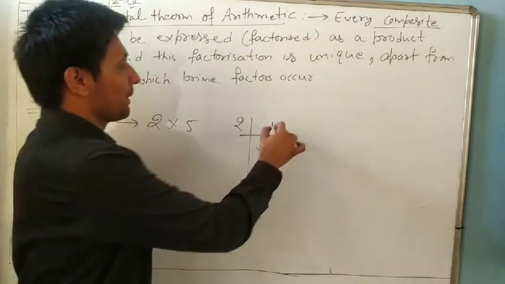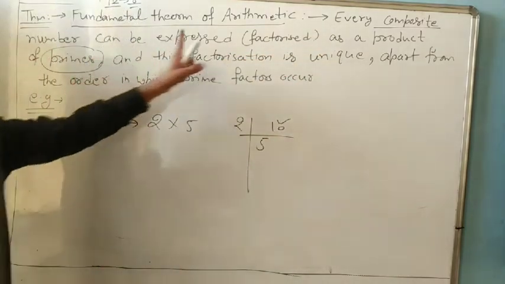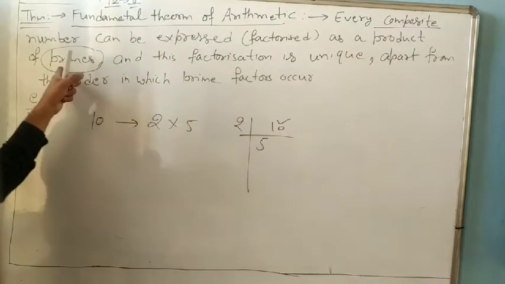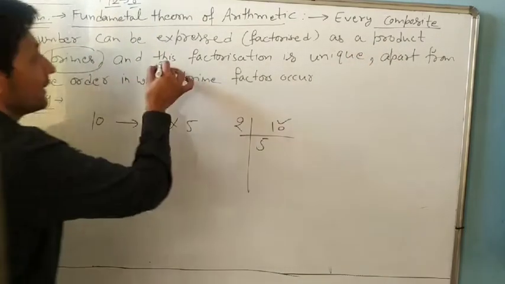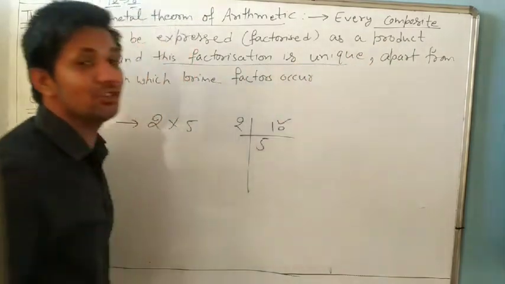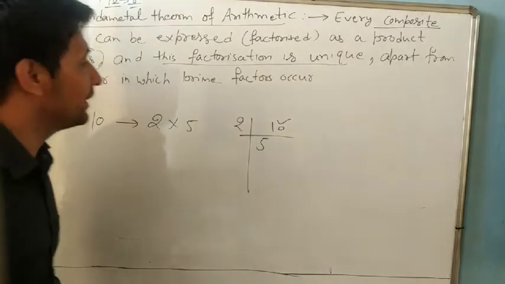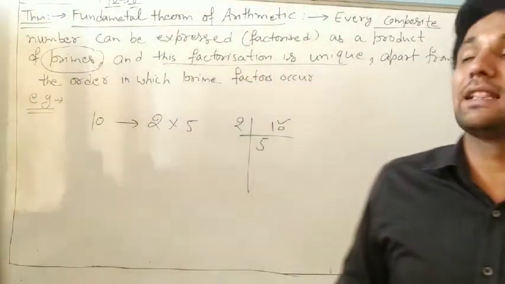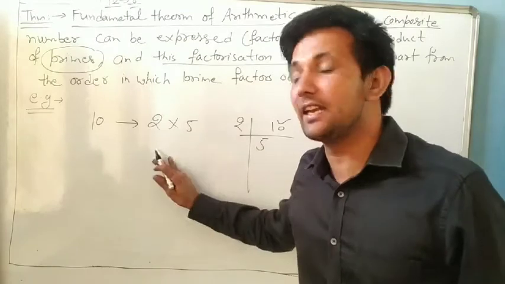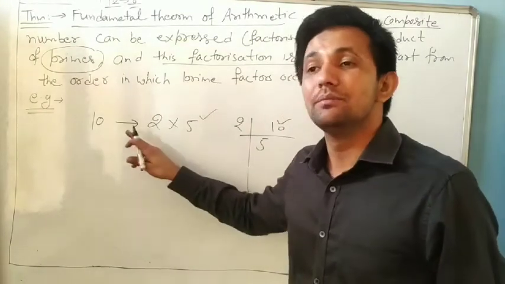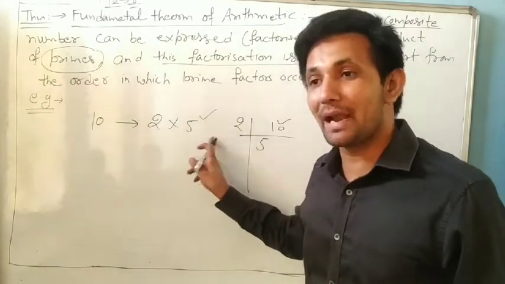Every composite number, 10 is a composite number, can be expressed as a product of primes, and this factorization is unique. Unique means, dear, there is no other method to represent 10 if we are writing it as a product of prime numbers.